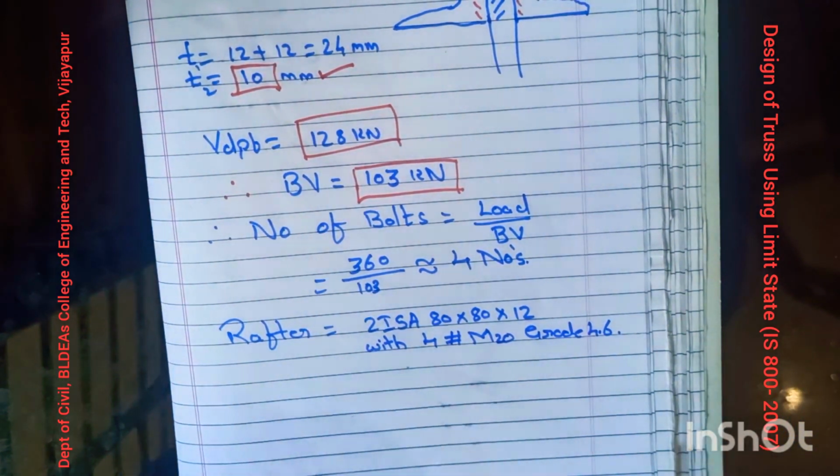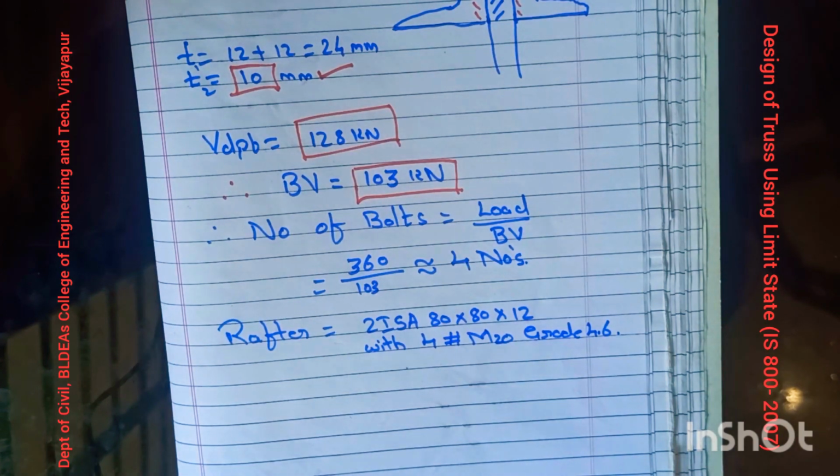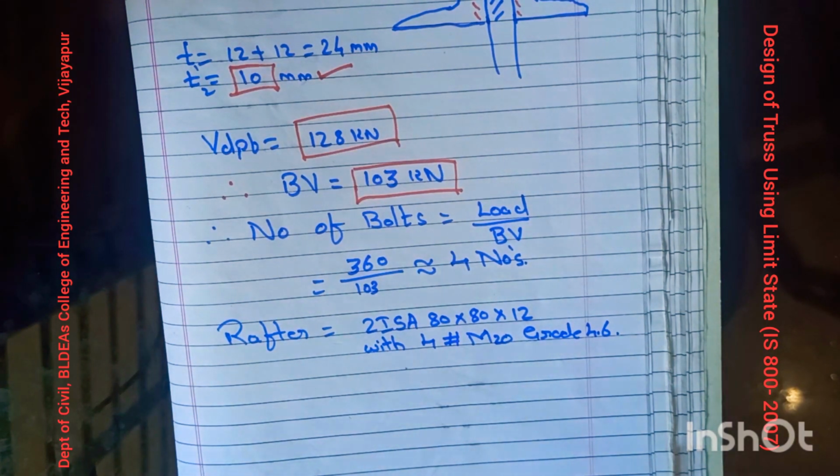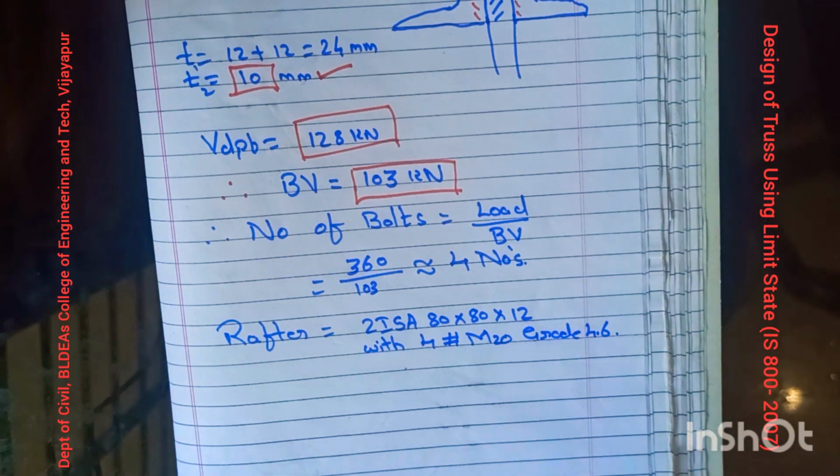So now the design of the rafter is over, that is, the top chord members are done. In the next video we shall see how to design the bottom chord members. Those are tension members. So let us design those members in the next video.